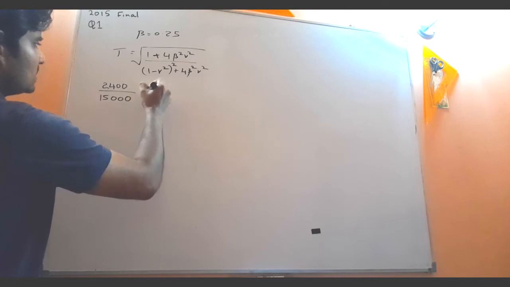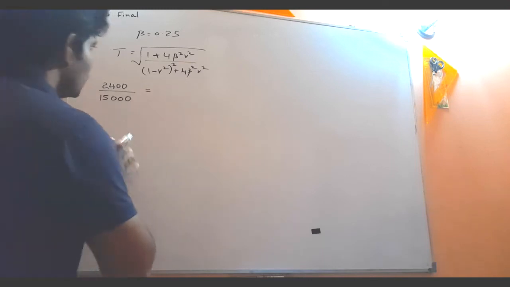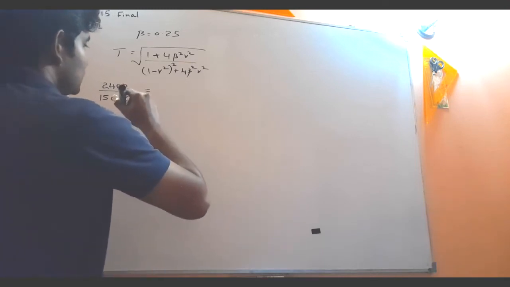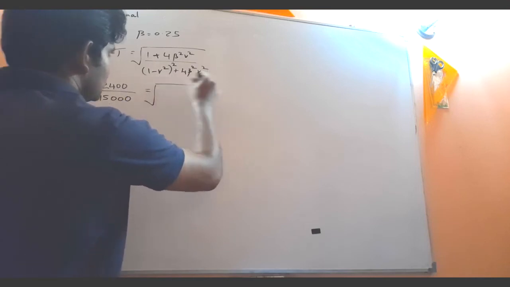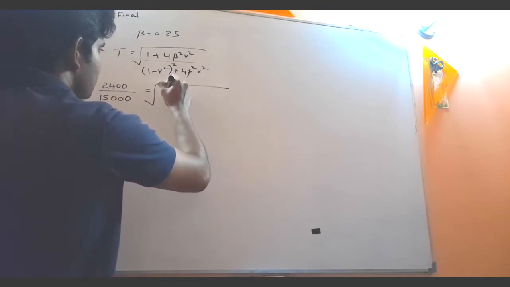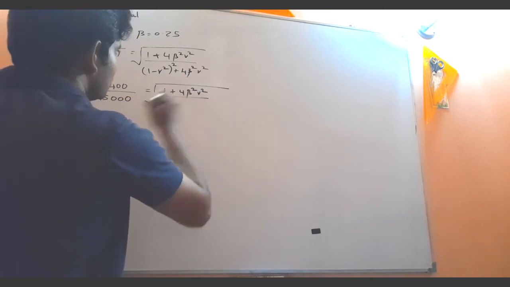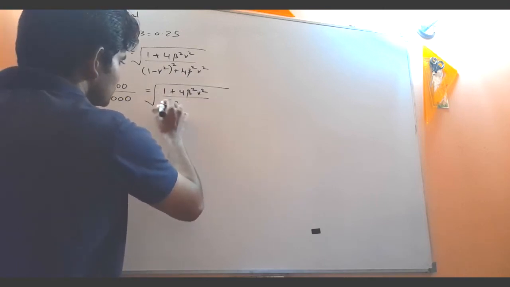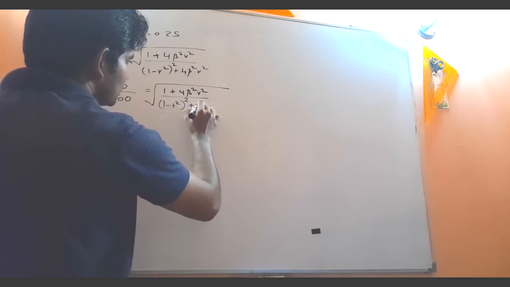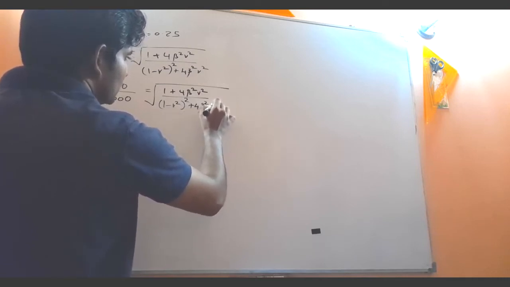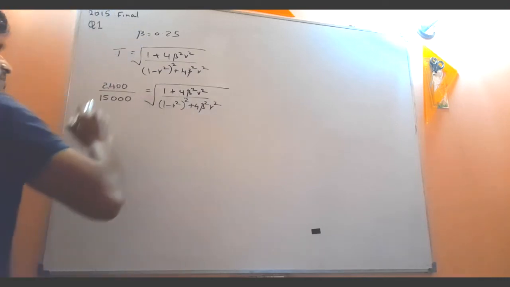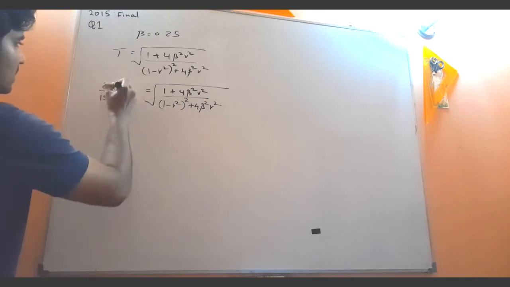So that equals, okay, here you have to be very careful. Let's write it like this: the square root of 1 plus 4 beta squared r squared divided by 1 minus r squared whole squared plus 4 beta squared r squared, right? Now this part you can simplify. You can cancel the double zero.